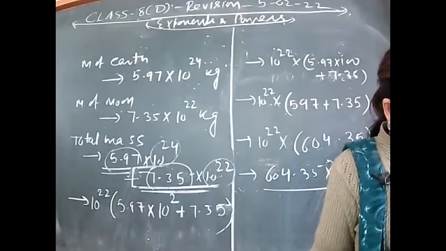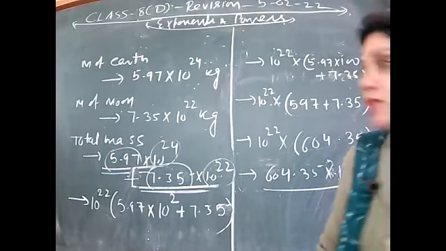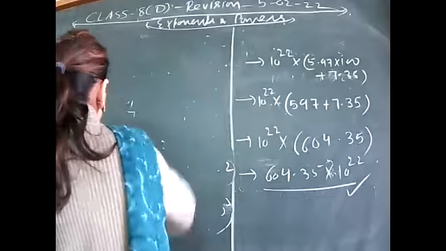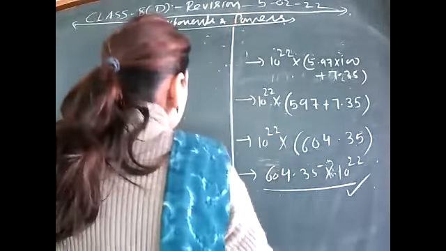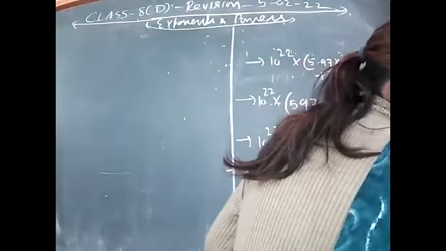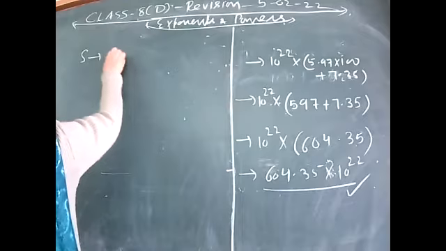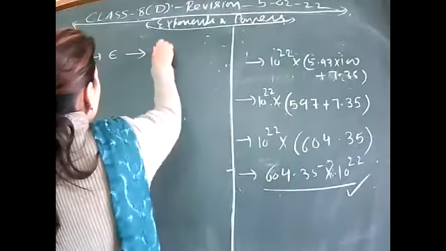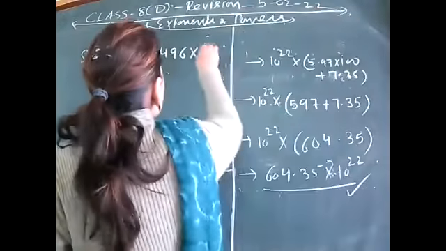See, at the bottom, one more question is there. The distance between sun and earth is this, and the distance between earth and moon is this. Let us see the next application of standard form. The distance between sun and earth is given to be 1.496 multiplied by 10 raised to power 11.